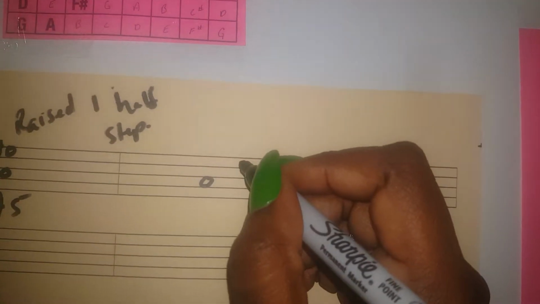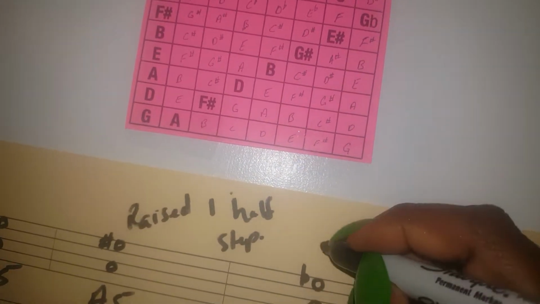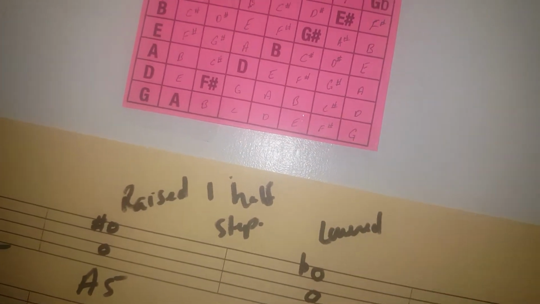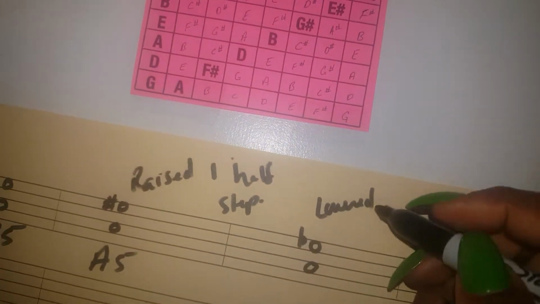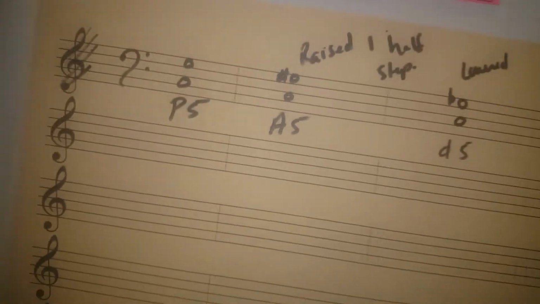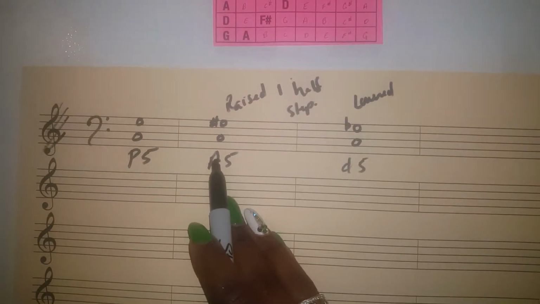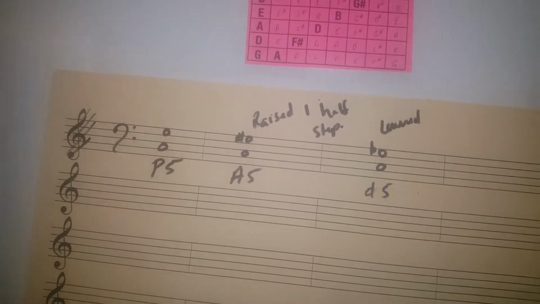And then if it was C to G flat, it would be lowered, right? So when it's lowered, it would become a diminished fifth. And why diminished? Because perfect intervals can only be raised to an augmented or lowered to a diminished, okay?